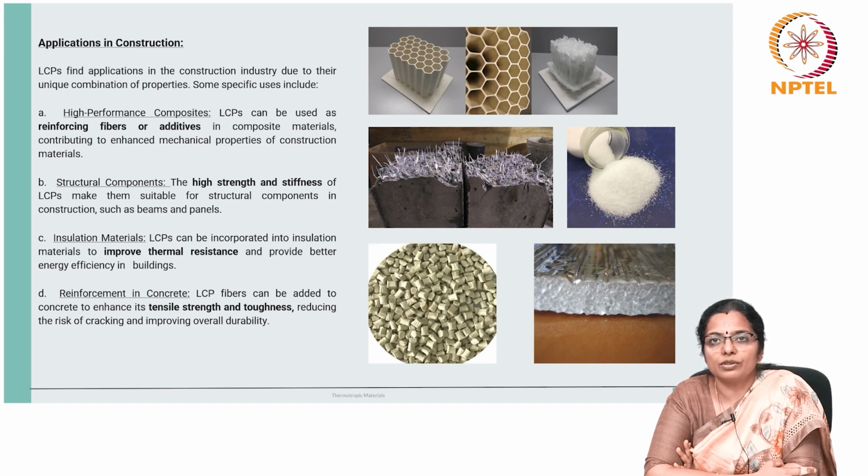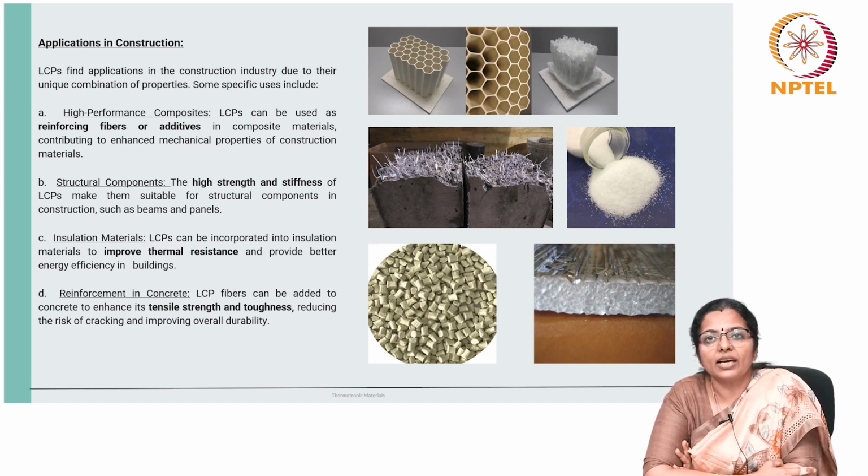LCPs can be used as reinforcing fibers or additives in composite materials, contributing to enhanced mechanical properties of construction materials. Second is the structural components. The high strength and stiffness of LCPs make them suitable for structural components in constructions such as beams and panels.